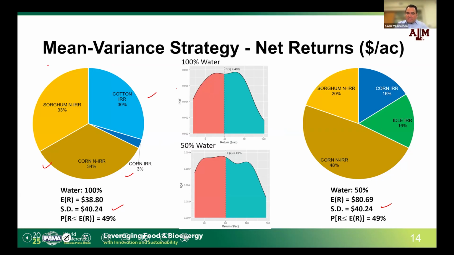The model says that we must use almost 50% of non-irrigated corn, and the rest of it split between sorghum non-irrigated and corn irrigated, and also the model says that maybe when we have no water, okay, it's a good idea to leave some area idle, okay? Some area idle means that we are not going to grow anything because it's not worth it.